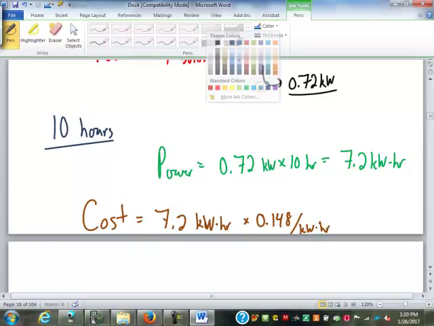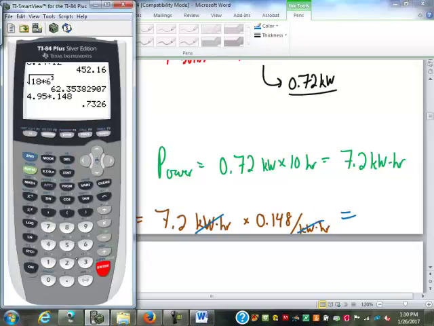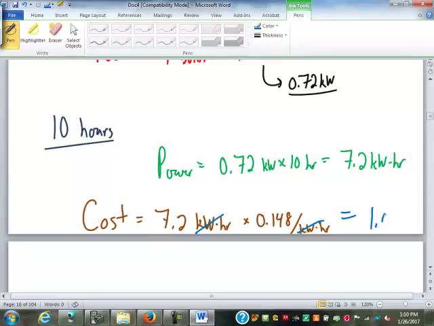Kilowatt hours cancel out. 7.2 times 0.148 cost you $1.07. Leave that light on 4 bulbs for 10 hours. Now 4 bulbs, that's a pretty decent sized room. Most of your bedroom lights are 2 bulbs. So you leave your bedroom light on for 10 hours for about 53, 54 cents.